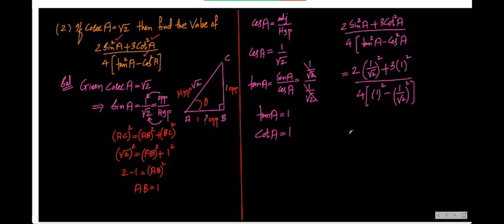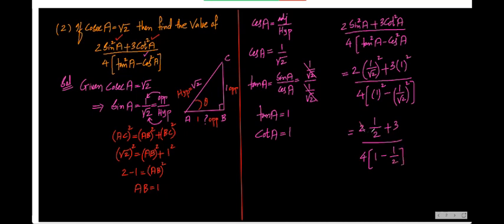Now simplify. The square goes to the numerator and the denominator, root and square cancel, plus 3 into 1 square is 1 only, divided by 4 times 1 square is 1 minus 1 by 2.